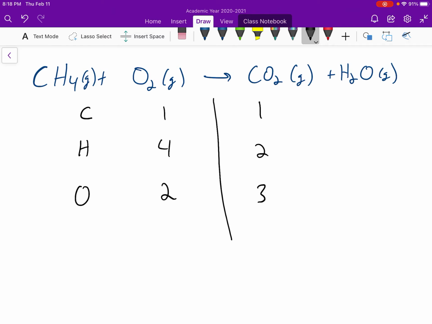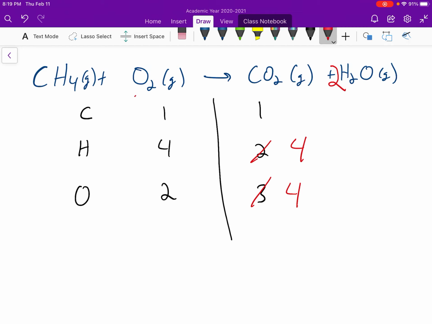Pick a problem you think you can fix. I'm going to start with the hydrogens. I think I can fix the hydrogens by putting a 2 here. That changes that to 4, and that changes that to 4, right? 2 oxygens, 2 oxygens. Now everything works except oxygen. So go back to the left.